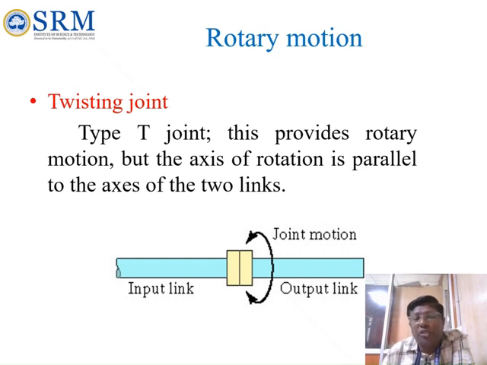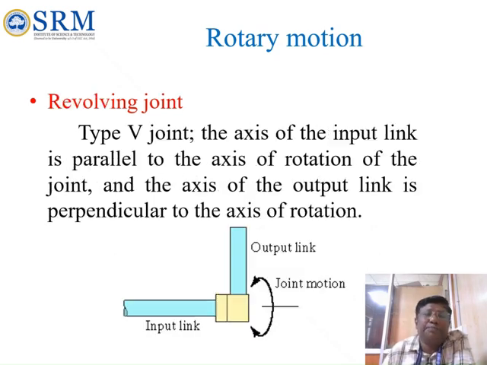So the motion is a twist, and this joint is denoted as T. And the revolving joint is denoted as V. The output link is perpendicular to the input, but it revolves around this joint. So this joint is a revolving joint, and it is denoted as V.